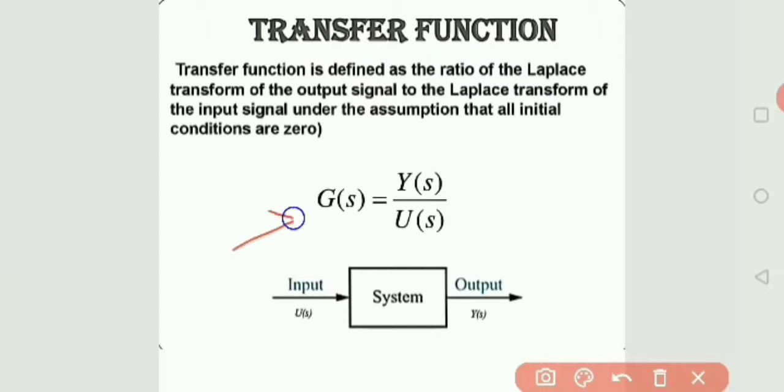Here G(s) is the gain, Y(s) is the Laplace transform of the output, and U(s) is the Laplace transform of the input. So we can define the transfer function as the Laplace transform of the output upon the Laplace transform of the input.